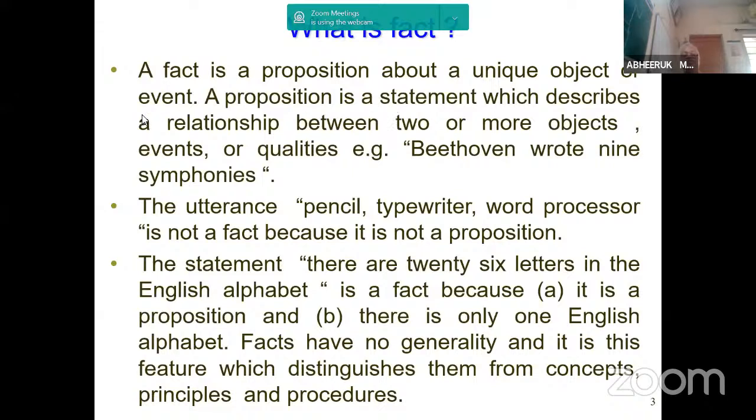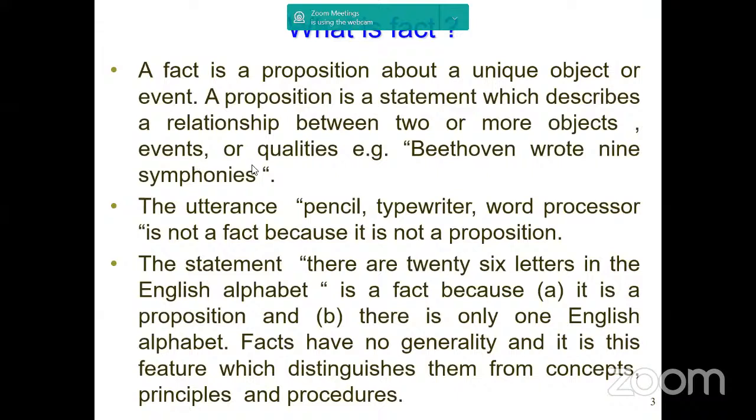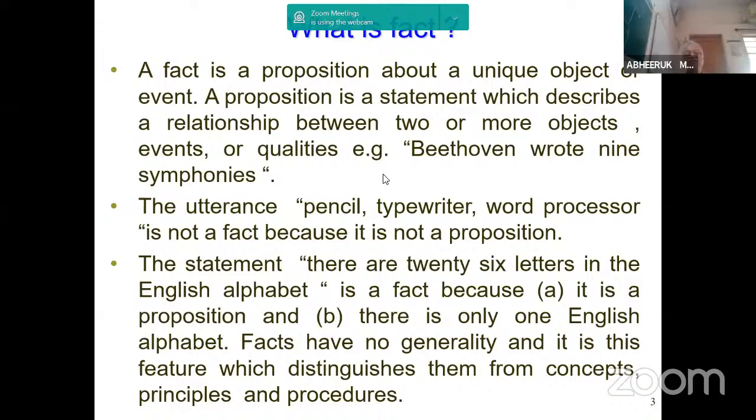Now you will ask, what is a proposition? A proposition is any statement which describes a relationship between 2 or more objects, events, or qualities. Beethoven wrote 9 symphonies. This is a proposition. Here it relates Beethoven and symphonies. This statement relates these two. So this is called a proposition.